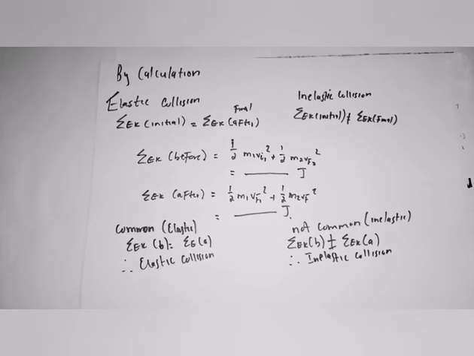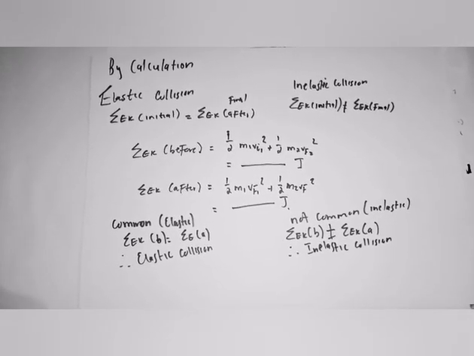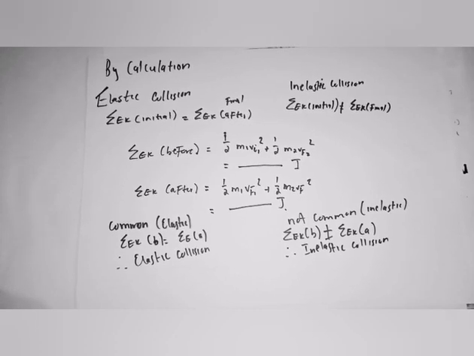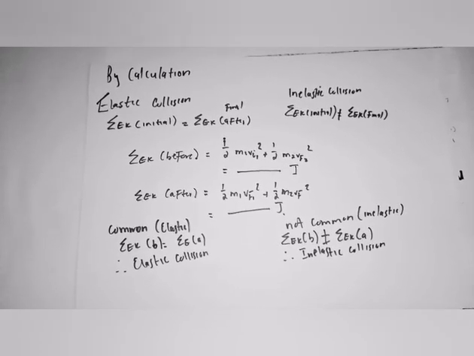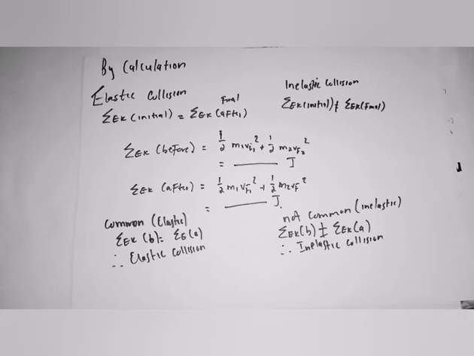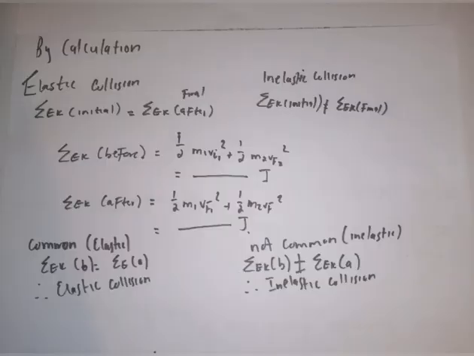I don't know if you understand that. So if you have common answers, EK before and EK after, it means that the collision is elastic. But you write the formula first, even if they are not common. It's very important that when you have common answers, EK before and EK after, elastic collision, you write the formula first, which is sigma EK before equals sigma EK after. And if the answers are not common, you write sigma EK before is not equal to sigma EK after. Therefore, you conclude saying that the collision is inelastic.